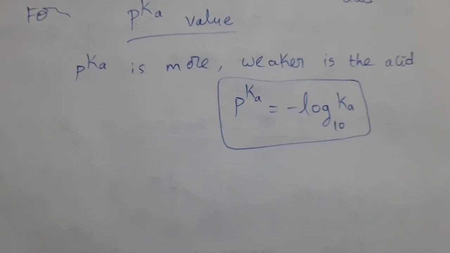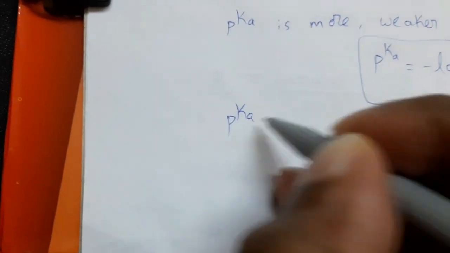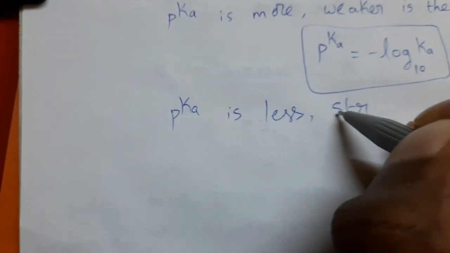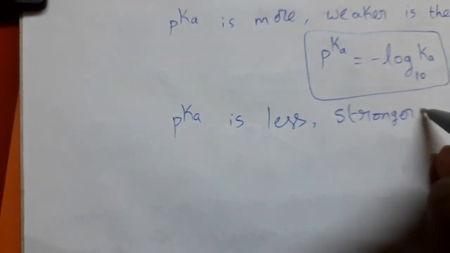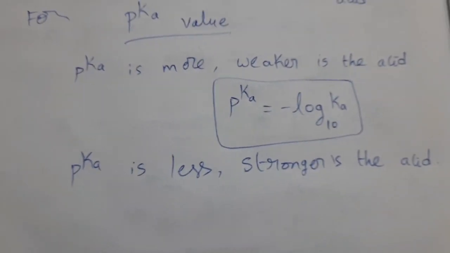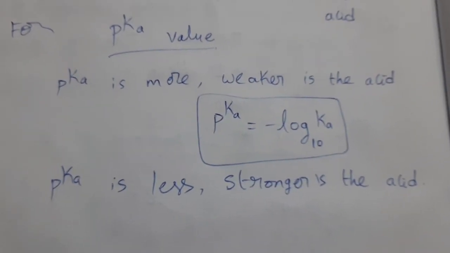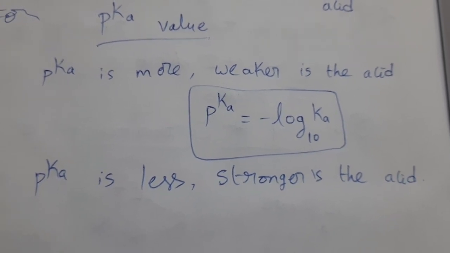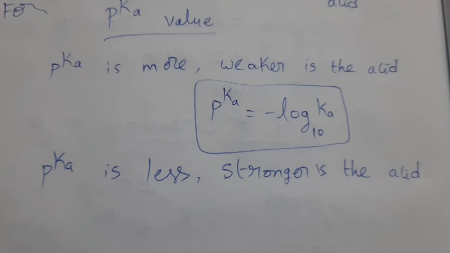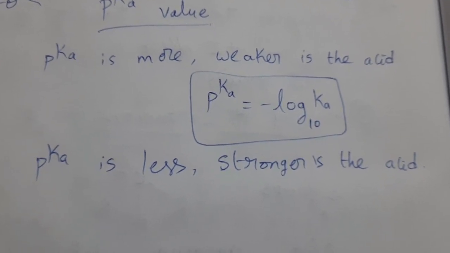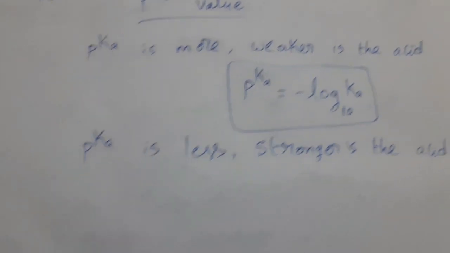For an acid, if pKa is more, the acid is weaker; if pKa is less, the acid is stronger. So remember carefully, in terms of pKa we can measure the acidic strength of an acid.